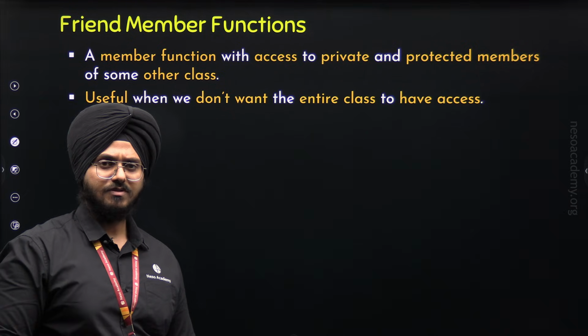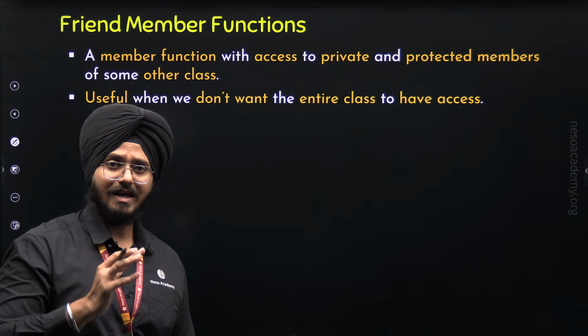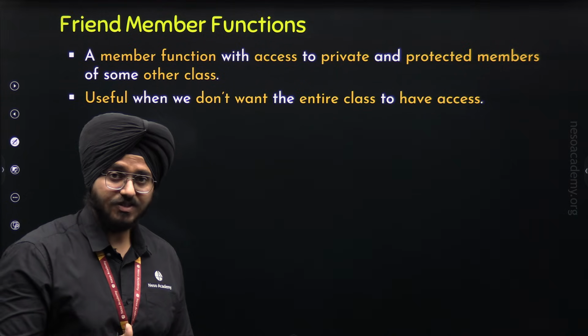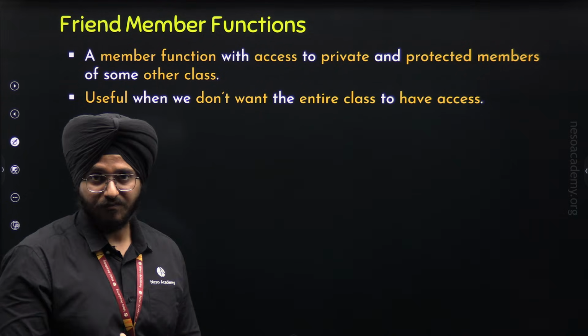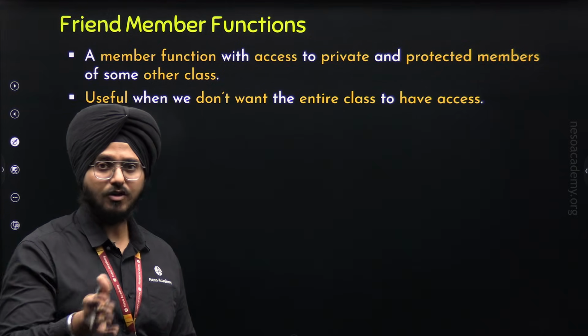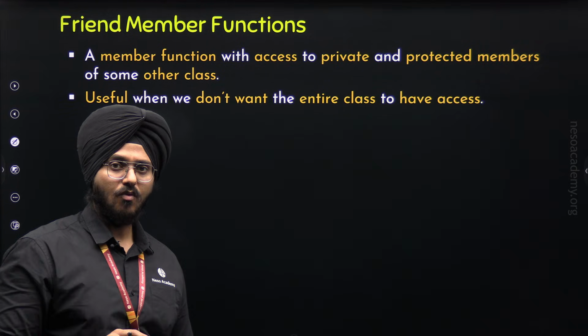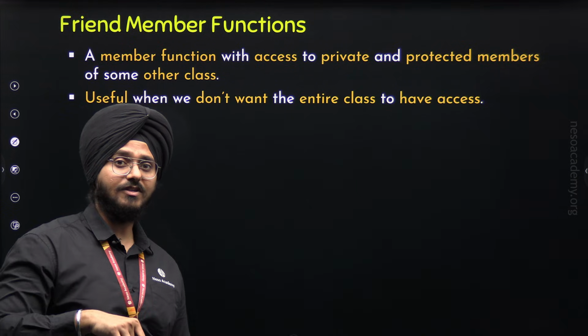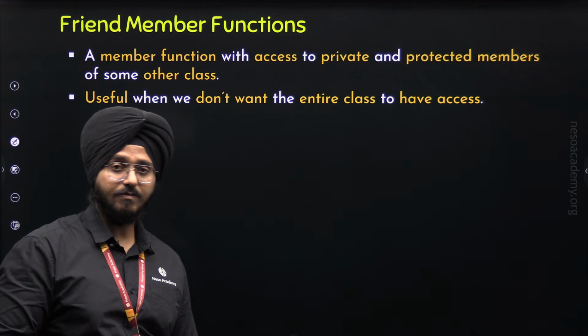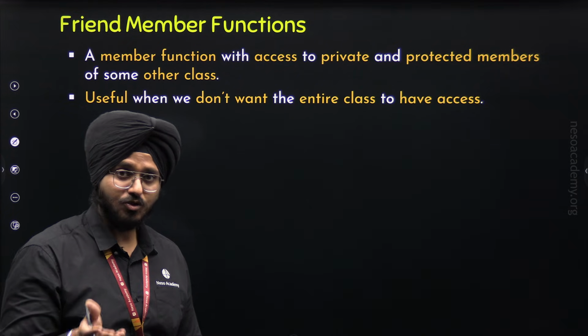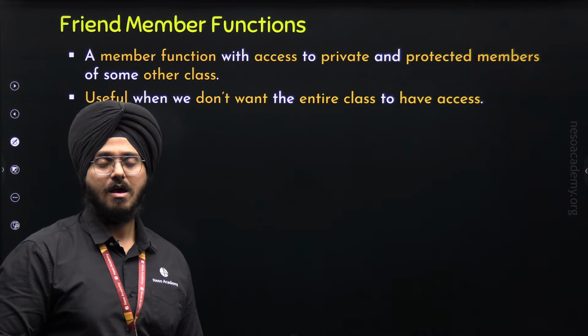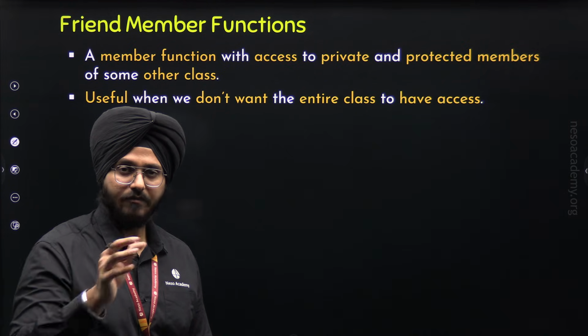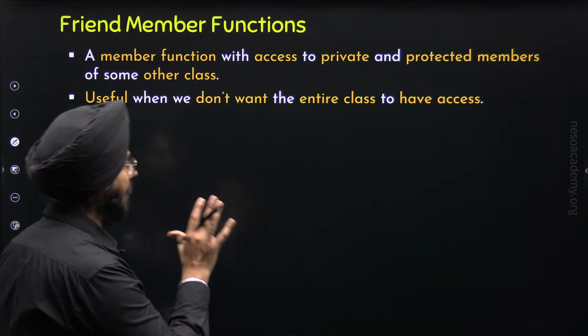If we want this, then we should not define the class as friend class. Instead, we can define some member functions as friend member functions. In this way, we will allow access to the private and protected members of the other class to some member functions only, not all the member functions of the class. I hope this idea is clear to you.